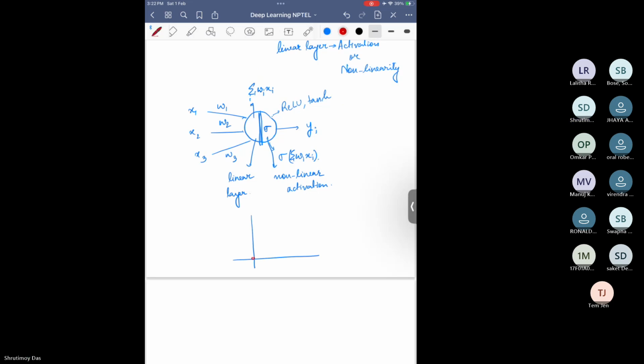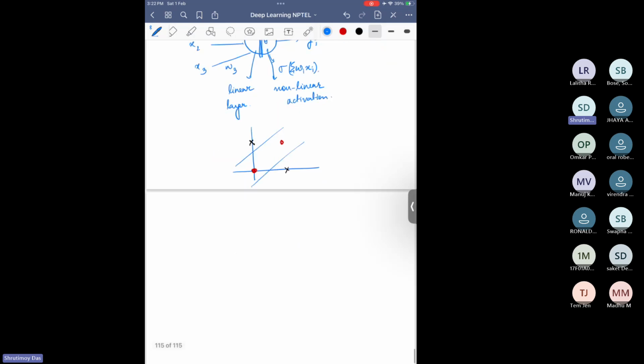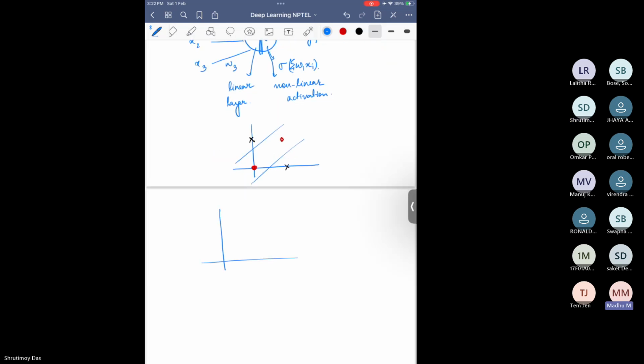So you have, say, this, and you have this. You cannot do a classification or draw any hyperplane to separate this function. You need something like this, which is not linear, right? But if you had something like this, you can just separate it using one line.